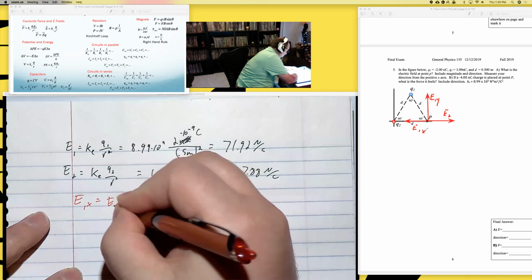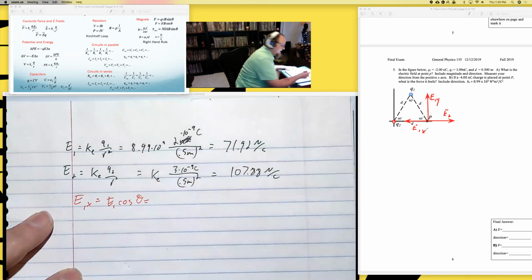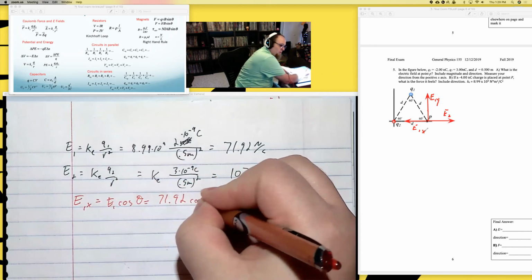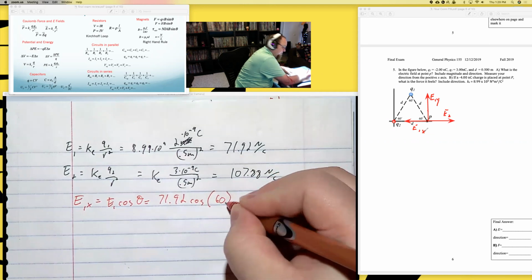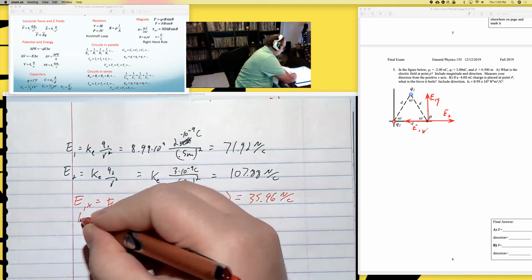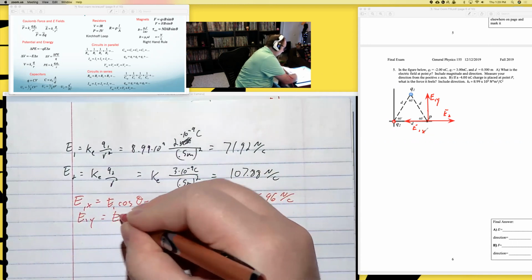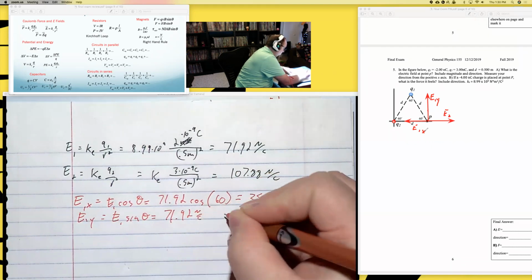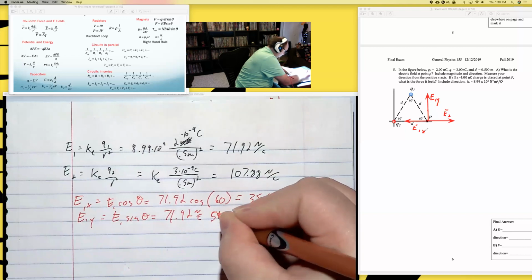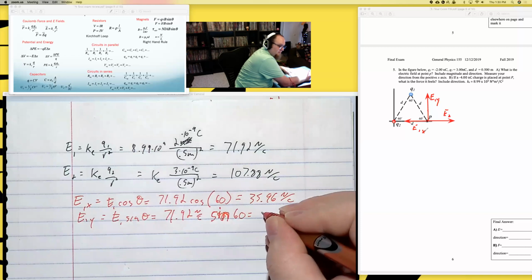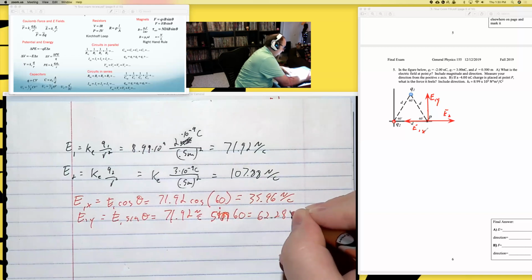E1x equals E1 cosine theta. It's actually going to be negative because it's to the left. So it'll be 71.92 cosine of 60 degrees, which is 35.96. E1y equals E1 sine theta, or 71.92 sine of 60, 62.28.